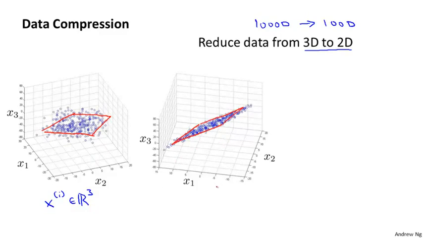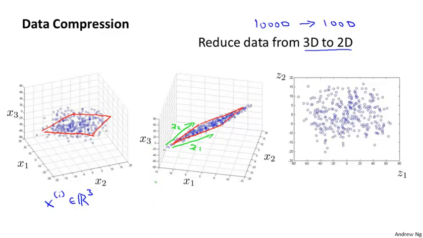Now finally, in order to specify the location of a point within a plane, we need two numbers, right? We need to specify the location of a point along this axis and then also specify its location along that axis. So we need two numbers, maybe called z1 and z2, to specify the location of a point within a plane. And so what that means is that we can now represent each training example using two numbers that I've drawn here, z1 and z2. So our data can be represented using vectors z, which are in R2.